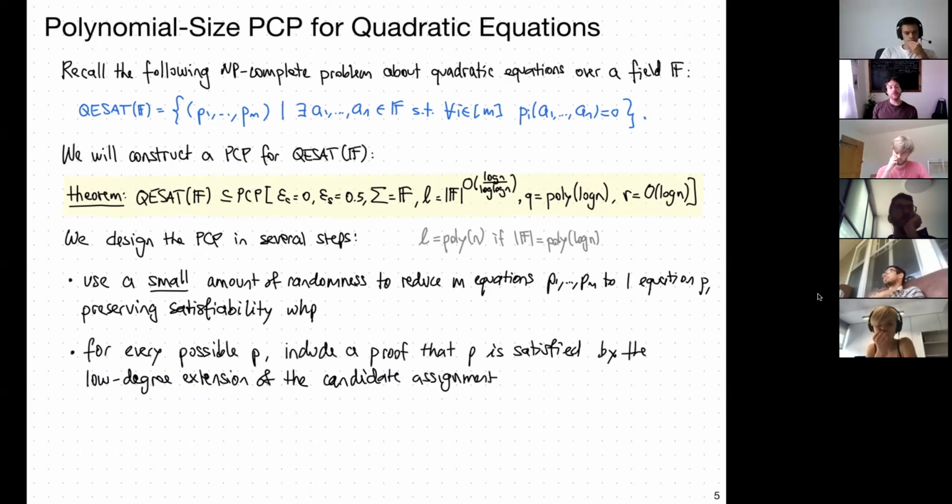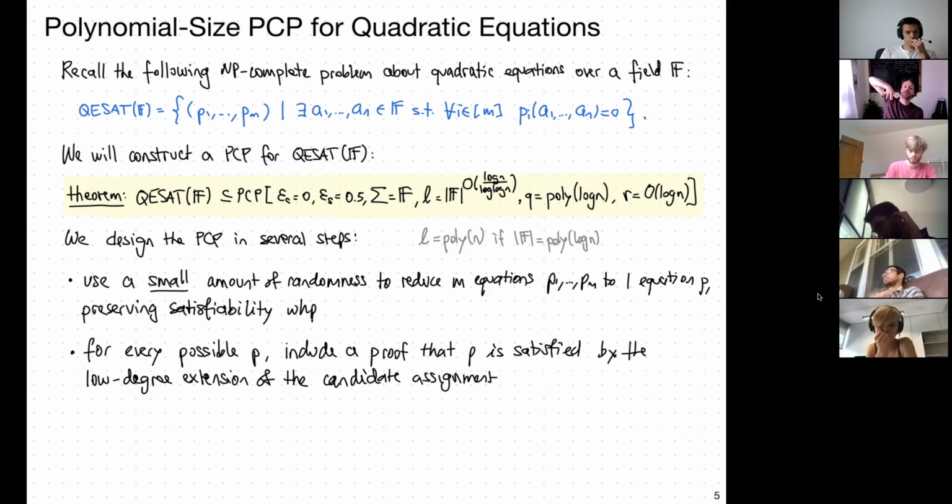And then what we'll do is, for every possible equation, this will induce a proof that is satisfied by the low degree extension of the assignment.